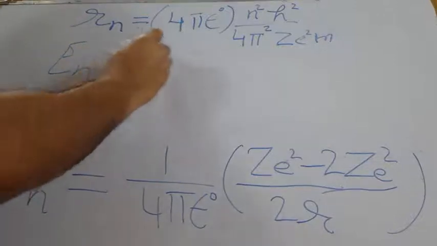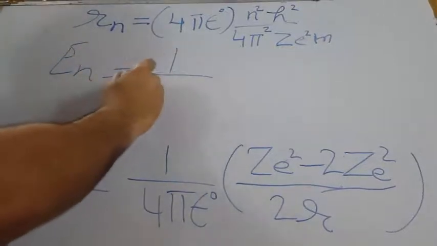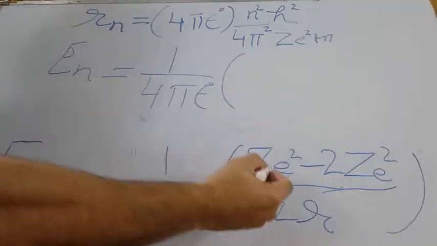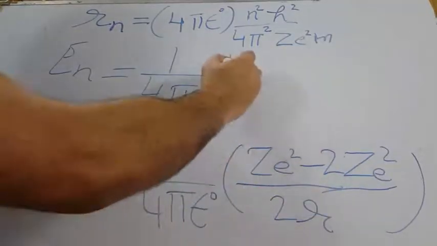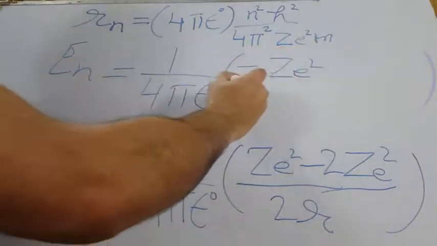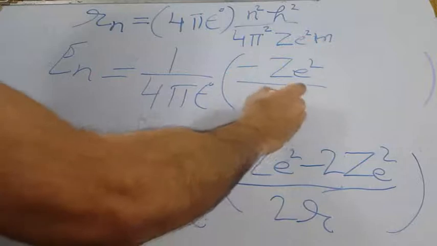En comes out to be 1 upon 4 pi epsilon 0, here Ze square minus 2Ze square comes out to be minus Ze square upon 2r.